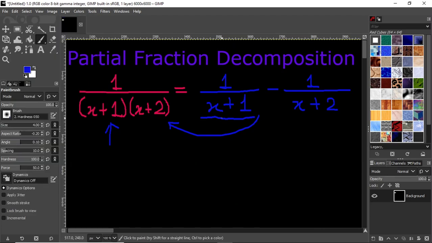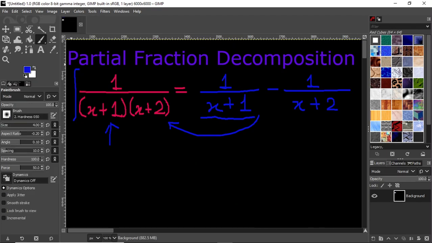So for example, if you try to take the integral of this side, it's pretty complicated if you just expand the denominator, but the integral of this side is pretty easy. We can do it with a natural log.